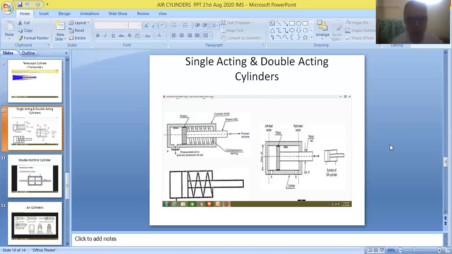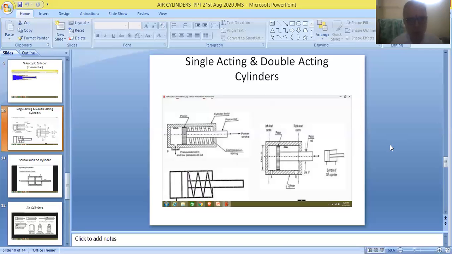In such a situation, the outlet of the DC valve will be connected to the port of the cylinder. A pipeline will be used for connecting the outlet of the DC valve to the port of the cylinder.